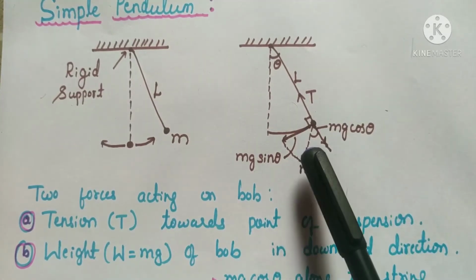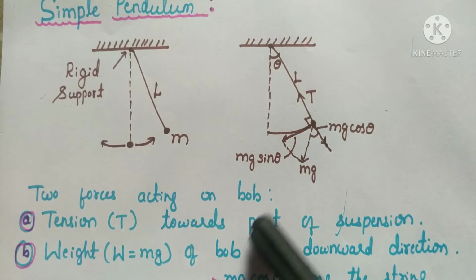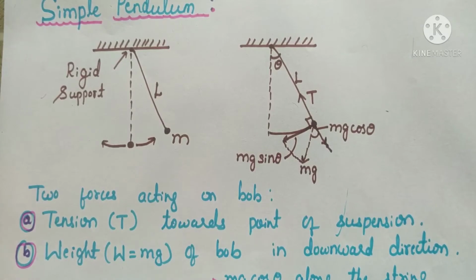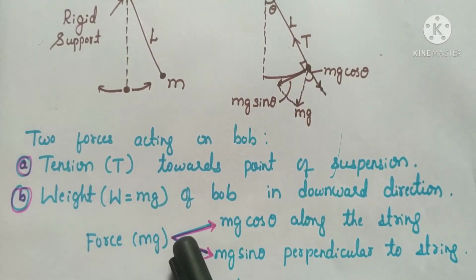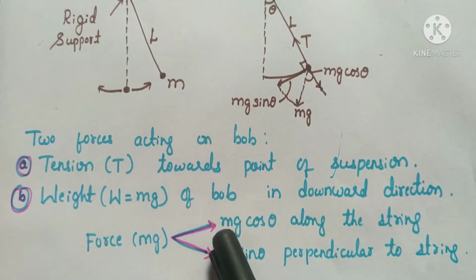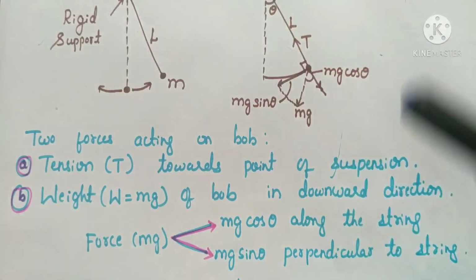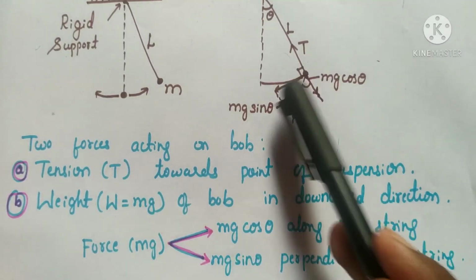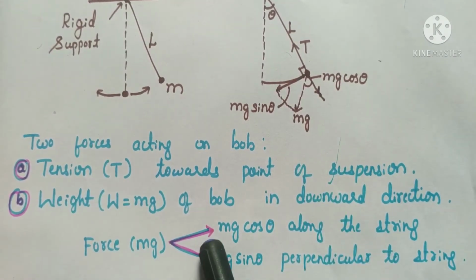When we drag the pendulum bob to one of the extreme ends, the weight is acting. That force can be resolved into two components. The weight, that is mg, can be resolved into two components. First one is mg cos theta, that is along the string, and the second component is mg sin theta, that is acting perpendicular to the string.